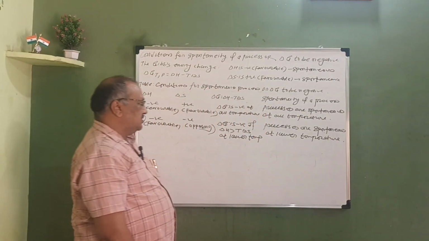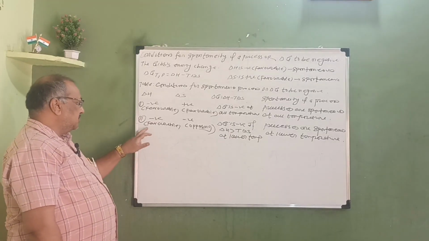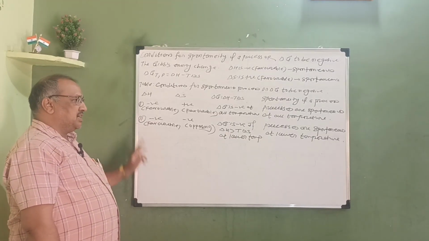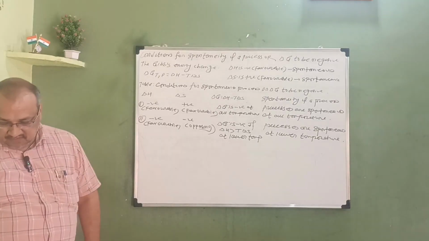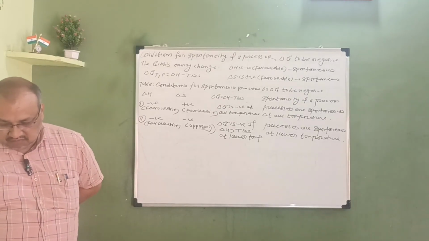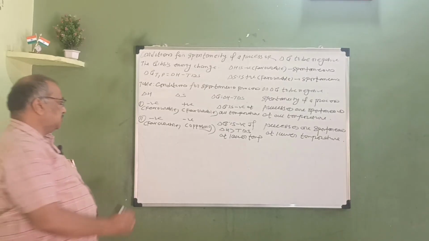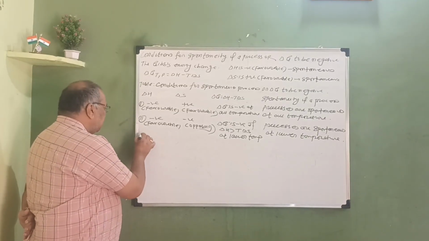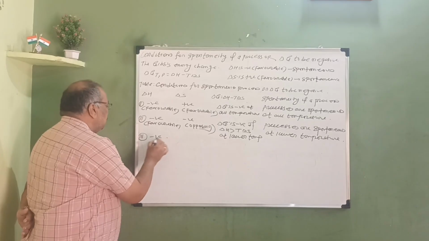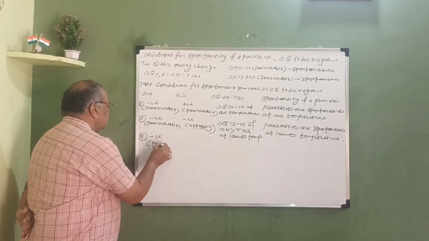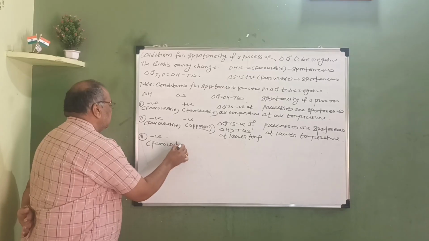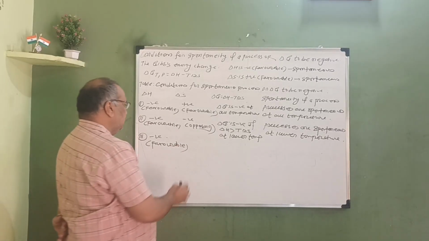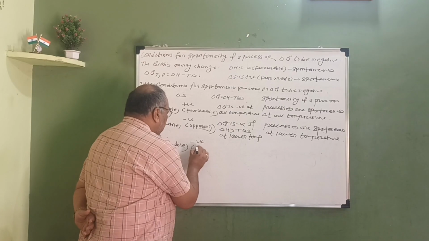Now let us consider the sub-classification of this second type, that is third: negative, favorable; negative, opposing.